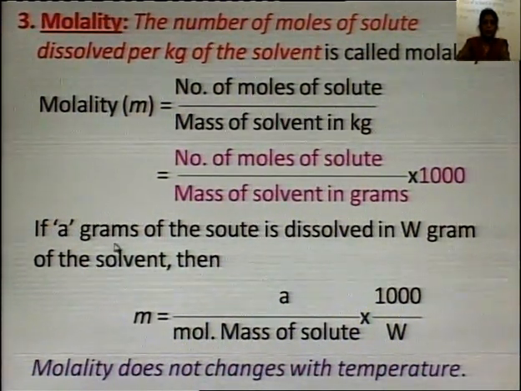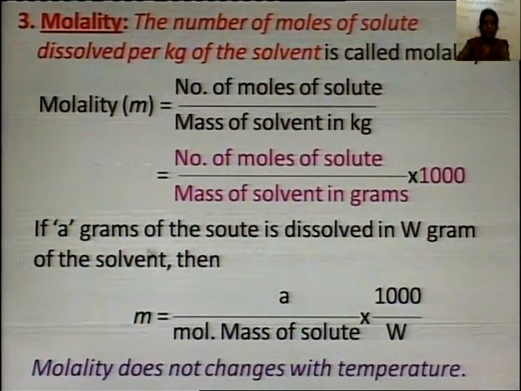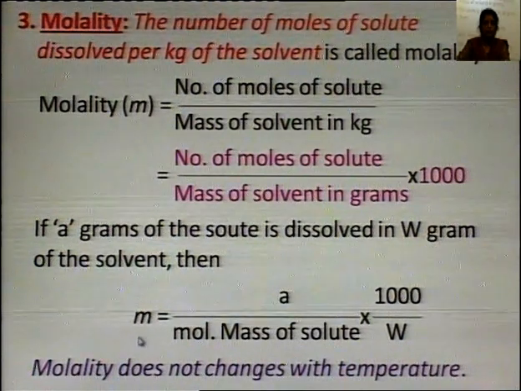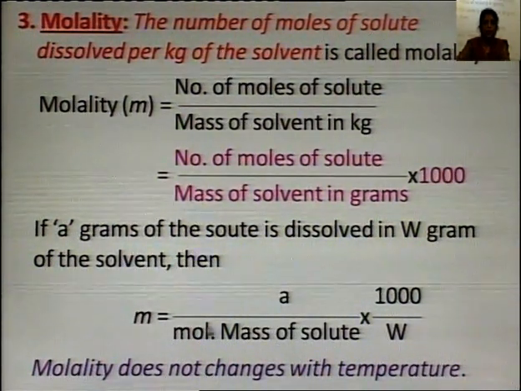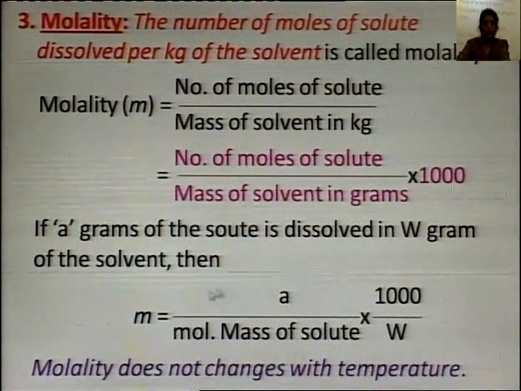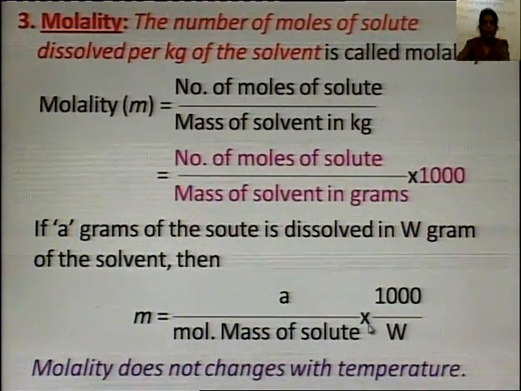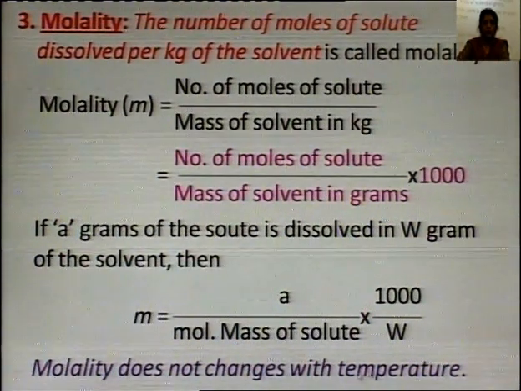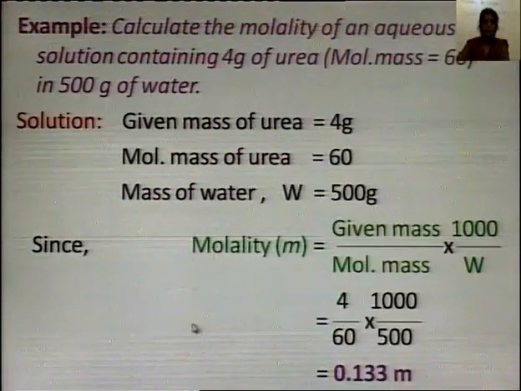If the mass of the solute is A grams and that is dissolved in W grams of the solvent, we will have the equation for molality m equal to A upon molecular mass of solute, this is the number of moles, given mass divided by molecular mass, into 1000 upon W.